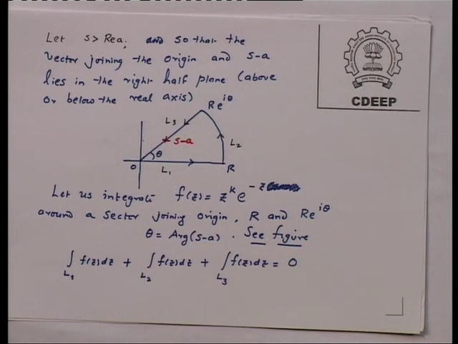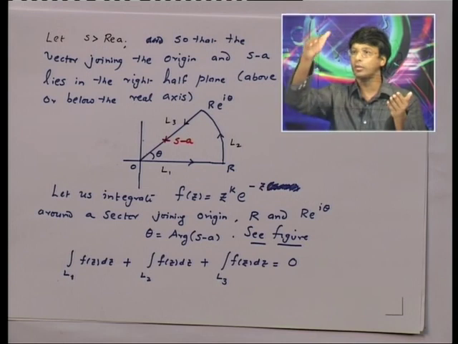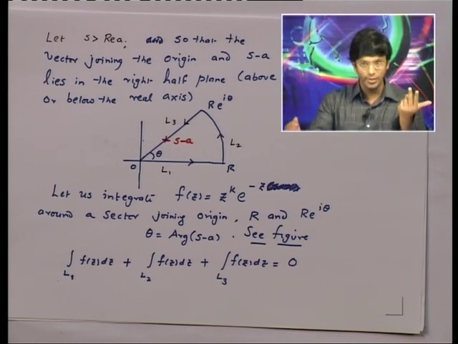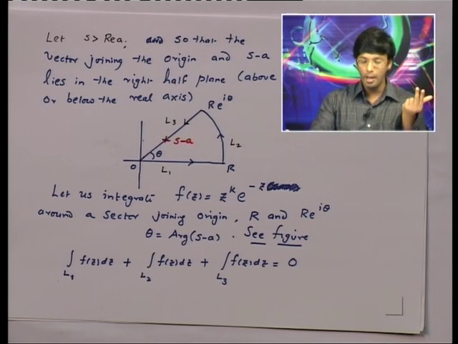The figure explains everything. What does Cauchy's theorem tell you? This function is analytic in the whole complex plane, so the integral along the closed contour will be 0. Integral of f z dz along L1 plus along L2 plus along L3 is 0.